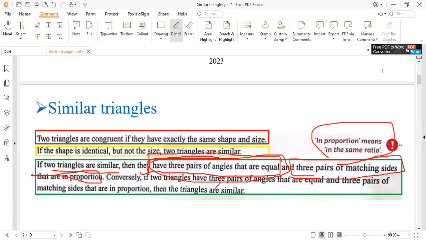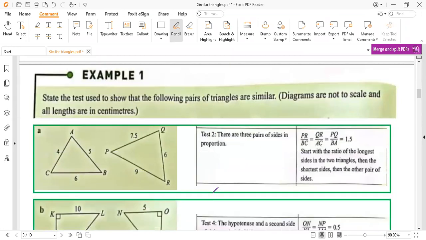Good. We have four congruency tests, and also we have four tests to justify and deduce the similarity between two given triangles.